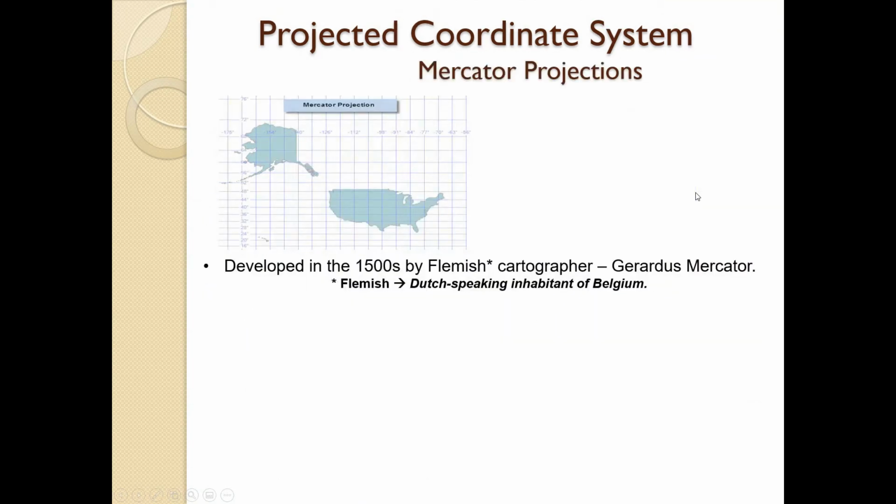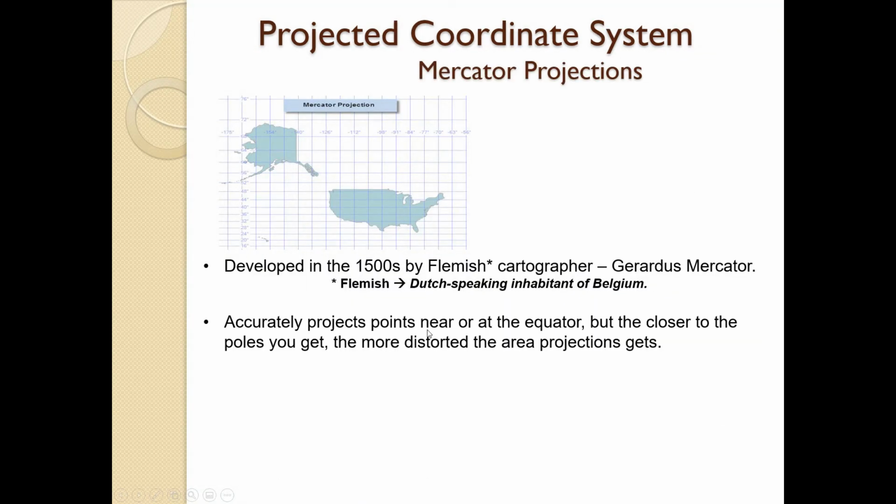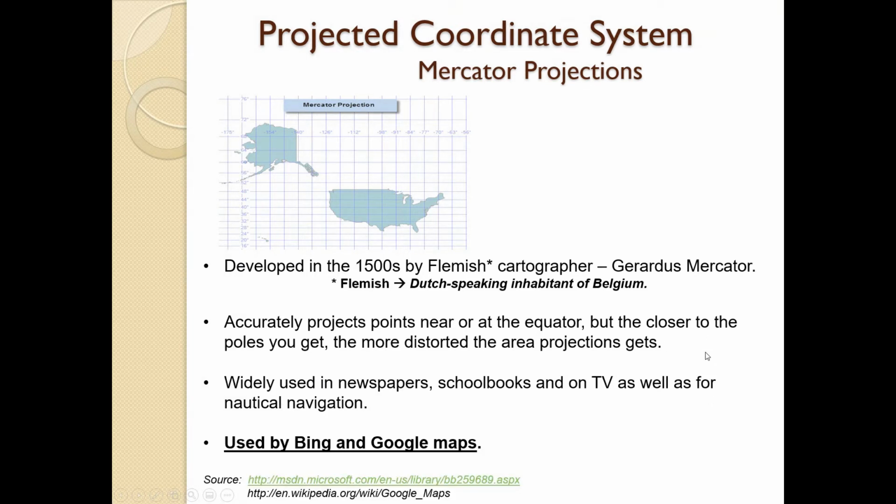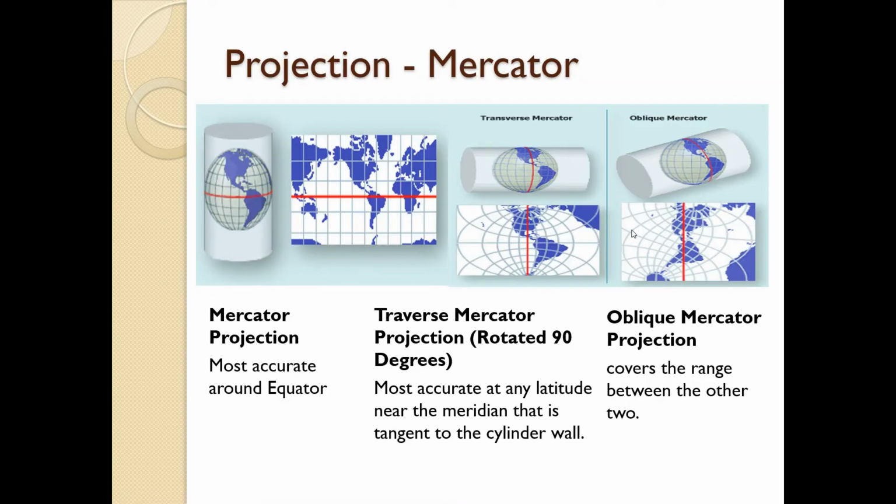This particular projection accurately projects points near or at the equator, but it loses its accuracy the further north you go. And that's always a problem. It's very popular, and is being used by Google and Bing Maps. If you look at the Mercator projection here, picture you have a ball inside a cylinder, vertically oriented.